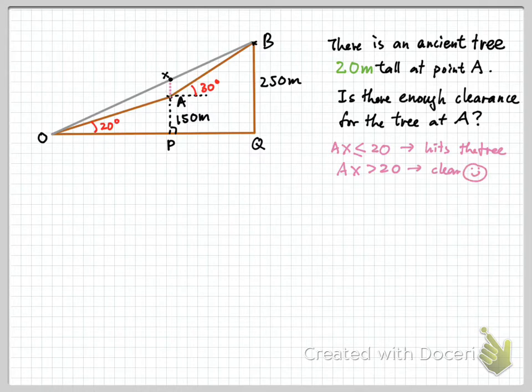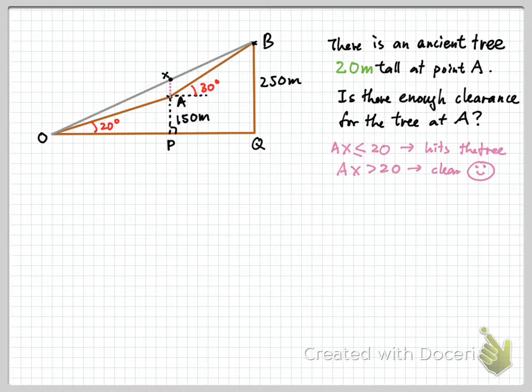The cable car can run without hitting the tree. So now the entire question is focused on finding the distance AX. If AX is less than or equal to 20, then it hits the tree. If it is greater than 20, then it is clear. It can go above the top of the tree. So we have to find AX.